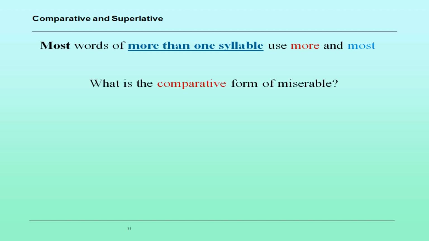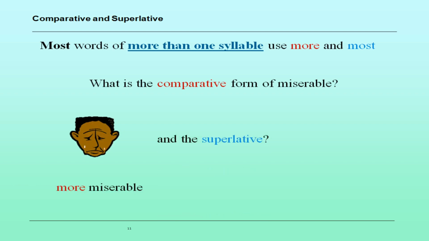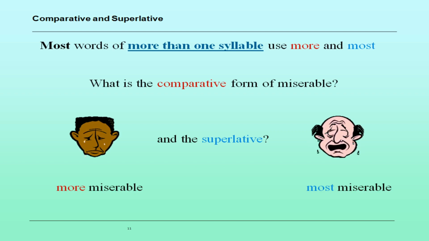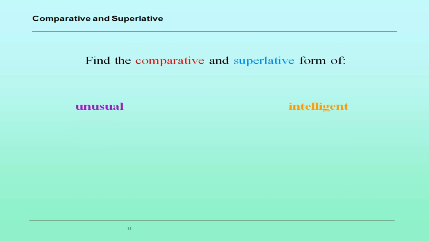What is the comparative form of miserable? Comparative form is more miserable. Then what is the superlative form? It is most miserable. Then find the comparative and superlative form of useful, intelligent.